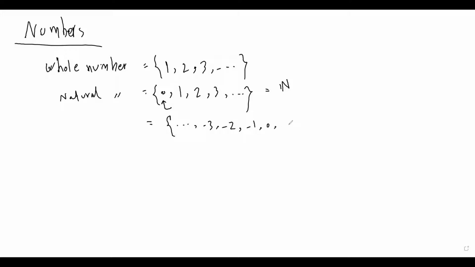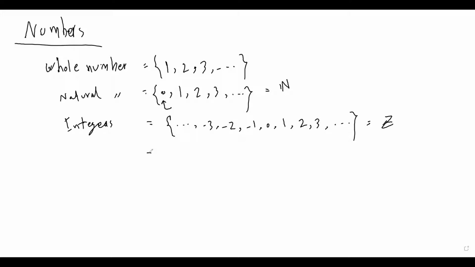It should be integers, what we call them. So no decimals here. All right. So this is what I call integers, right? The positive and negative integers. And the notation is, we use the letter Z to show integers.